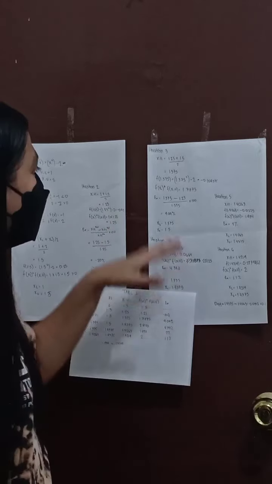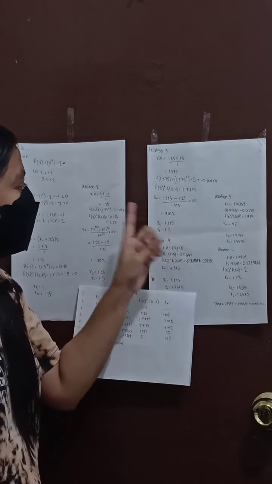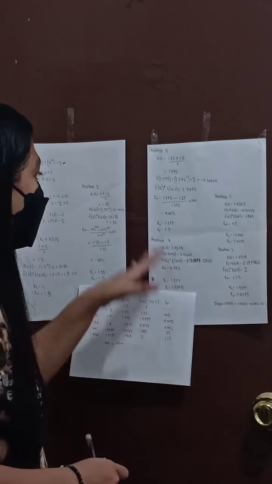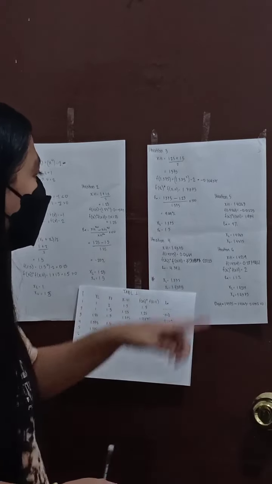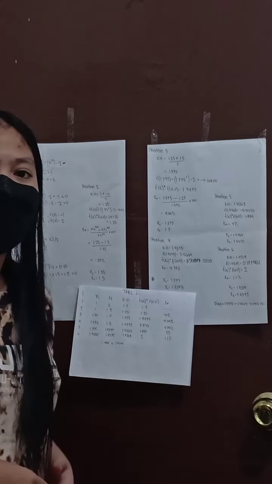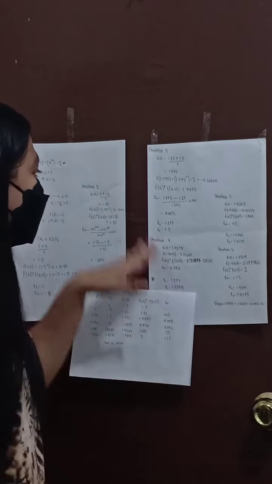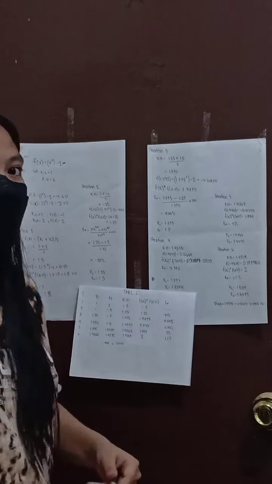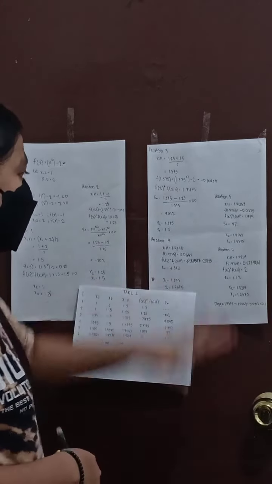Then the EA equals 9.09%. So the xl equals 1.375, the xu is 1.5. Again, we replace the xl with 1.375.